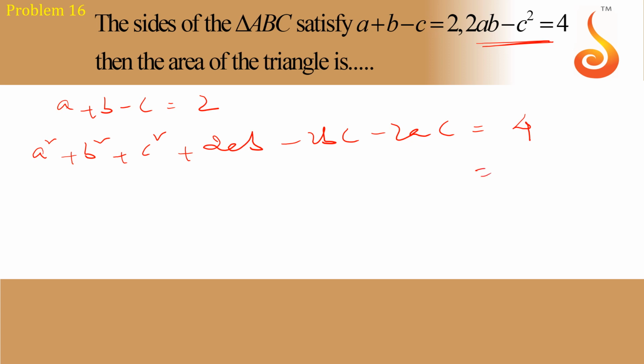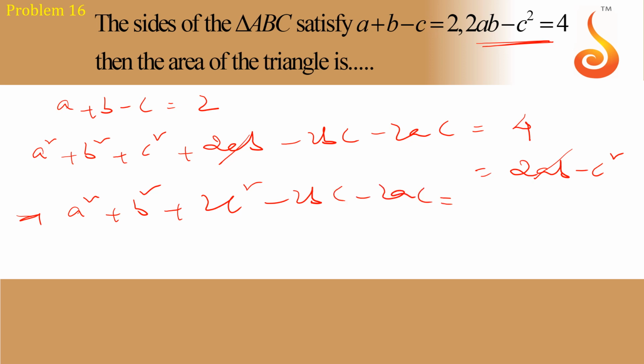So this 4 can I replace with 2ab minus c square, because it is in the triangle only, no? So this 2ab gets cancelled on both sides. And if I bring c square to the left side, I will get a square plus b square plus 2c square minus 2bc minus 2ac equal to 0.